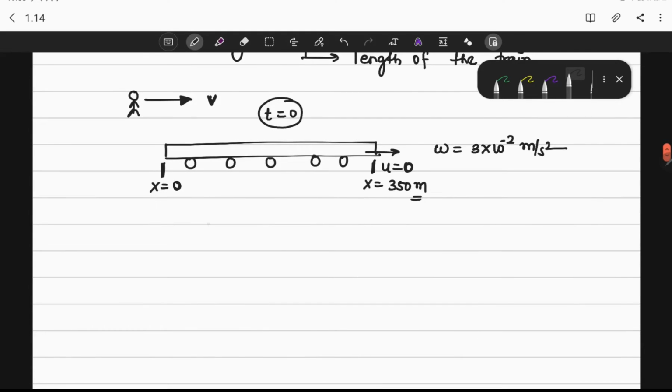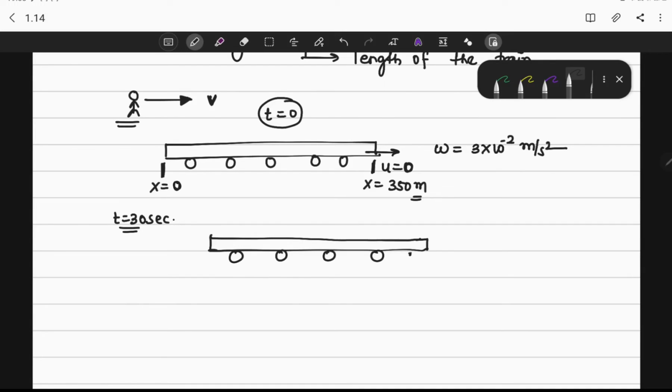And we have said that, let us say at t is equal to 30 seconds, the train has moved by a certain distance, let us say by this distance it has moved. And then if we talk about this frame of reference, then with respect to this, the train will have the velocity in this particular direction, in the initial velocity.